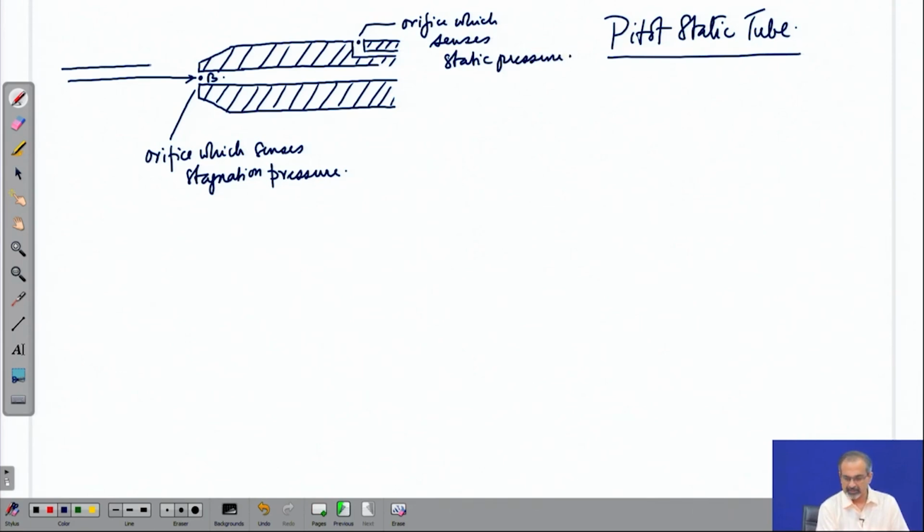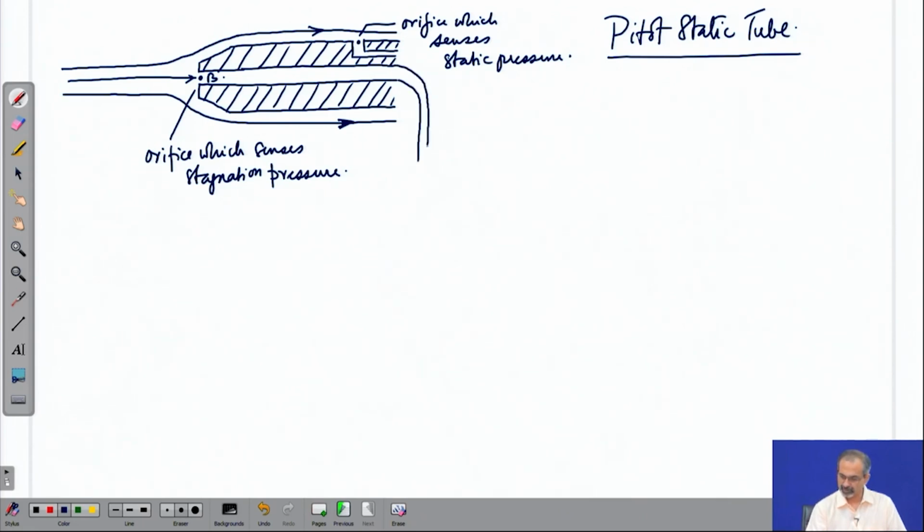Let us say it is immersed in a flow field and we are drawing some typical streamlines. In order to sense the pressures at these two orifices, again of course, we have to make connections, we have to have tubings, so that we can reach that pressure signal to an appropriate device.